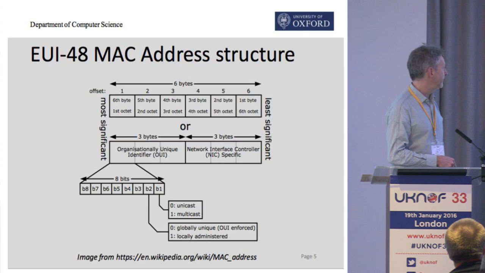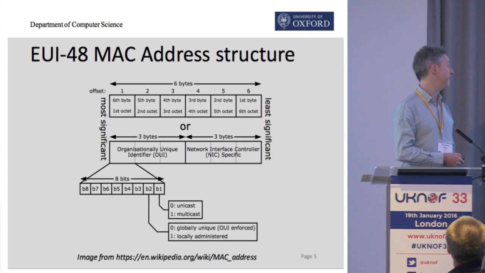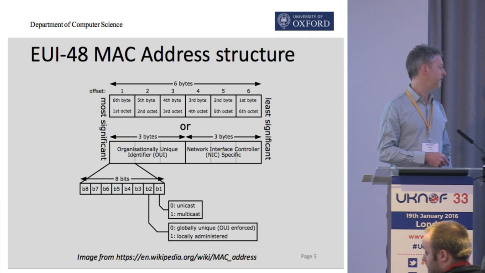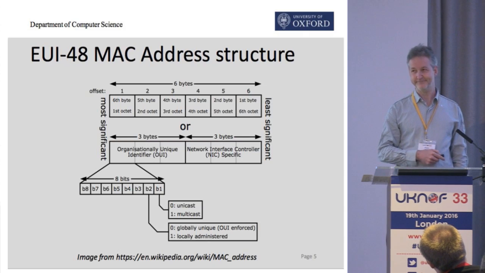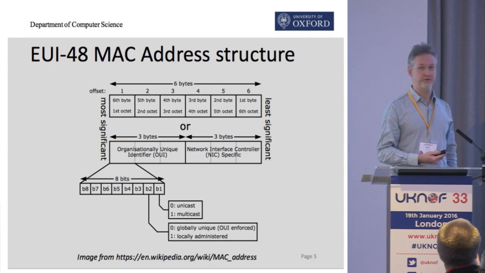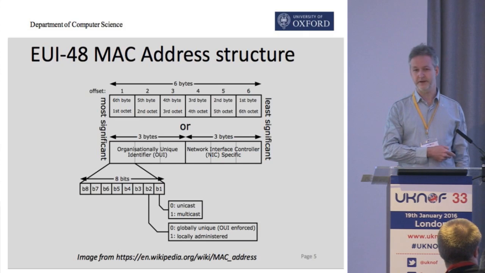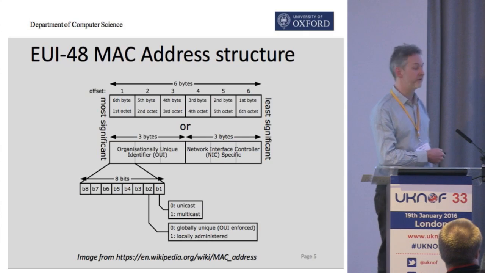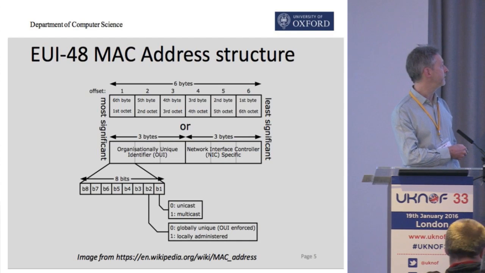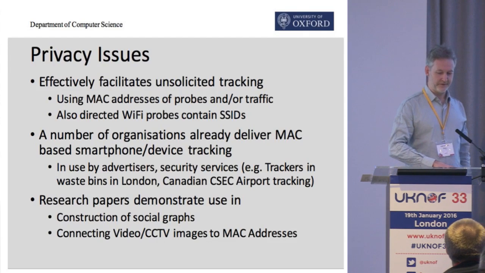Typically it's set to 0 with most global allocations to companies, but one can set this bit to 1, and then it indicates that it's a locally administered address, and then potentially you can set it to whatever you like. So that's typically what's being done in our experiments, and also in the developments that have come in some new operating systems.